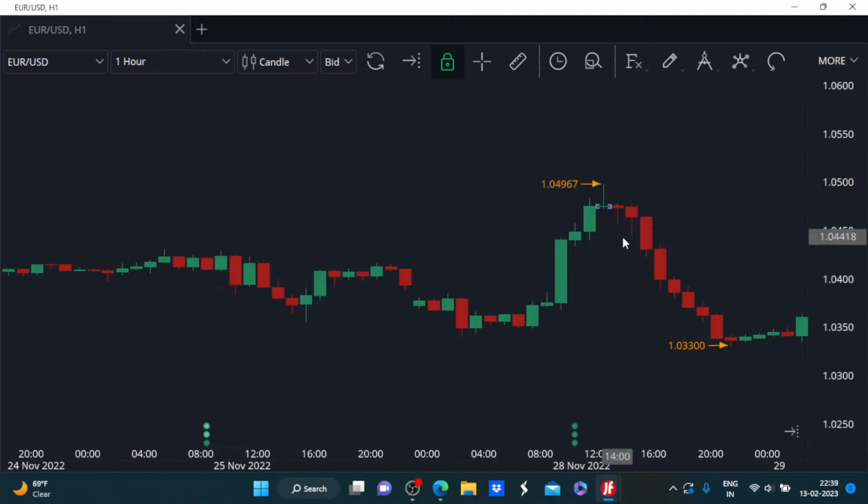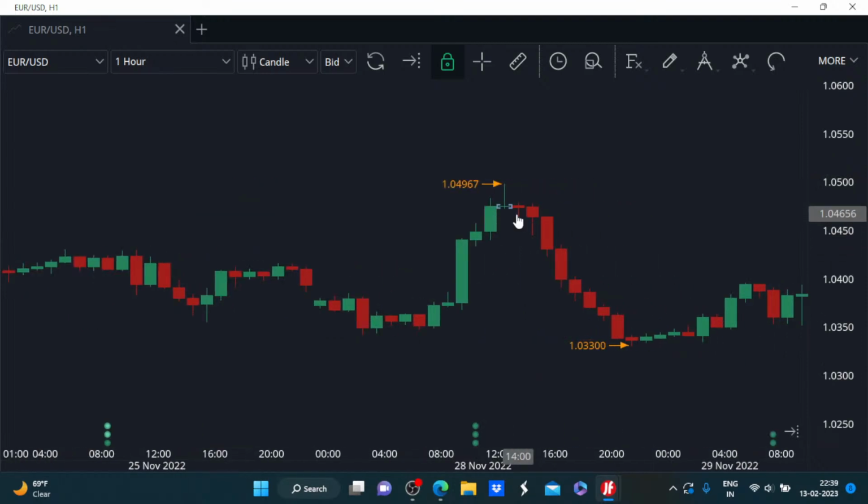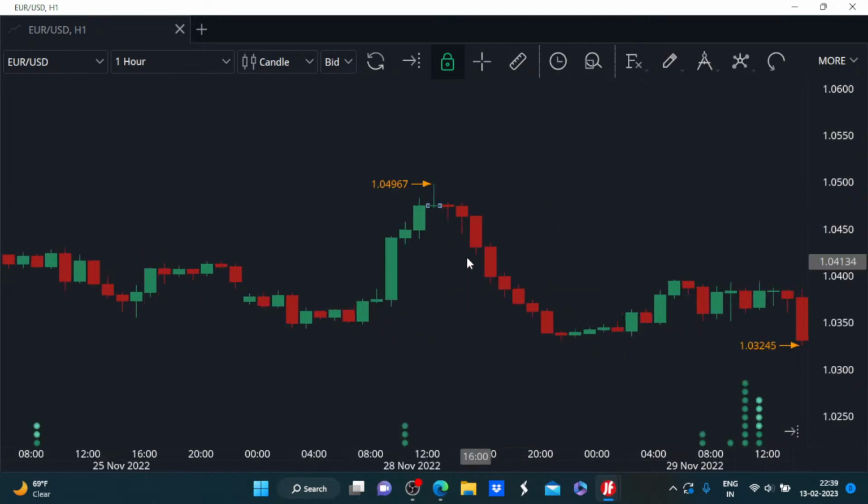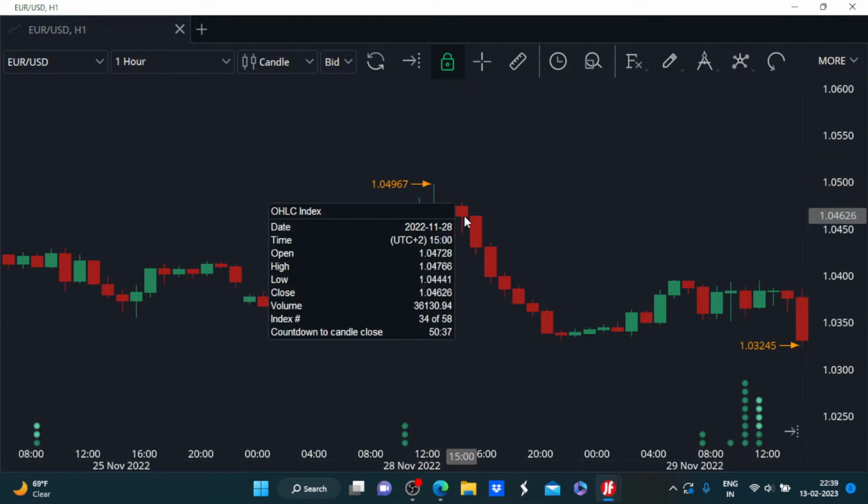You will have to always consider when this formation is taking shape and in what combination it is forming, so you get a better idea, and also the context of that formation is very important to figure out the opportunities. So this is a basic requirement. Then after this formation, pay attention to the price action.